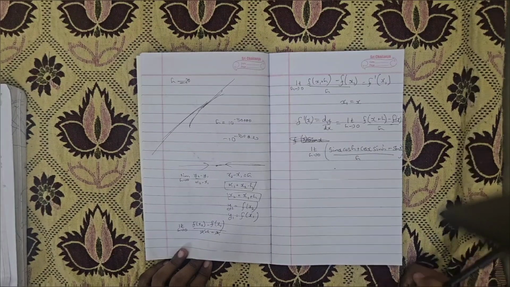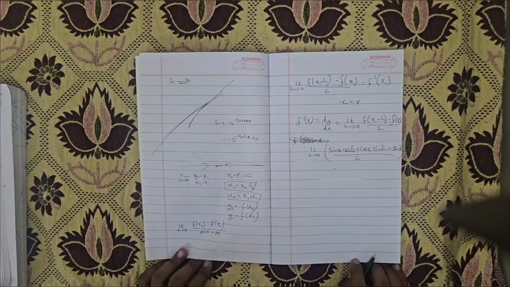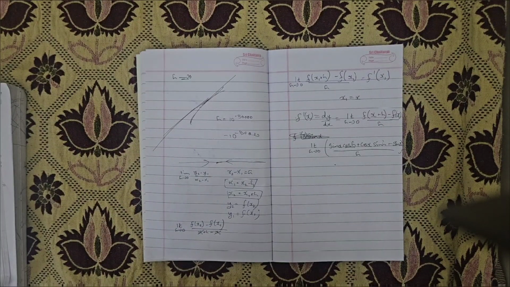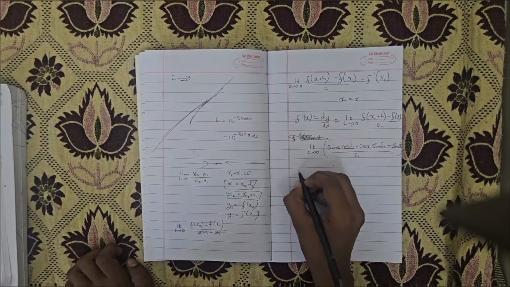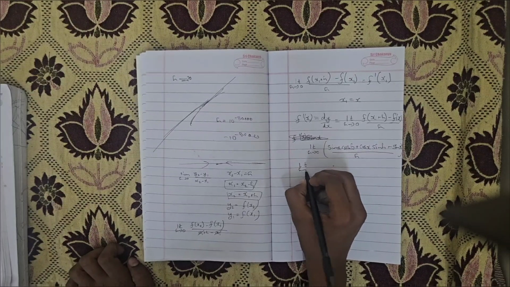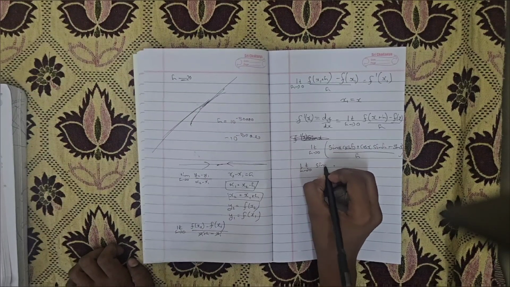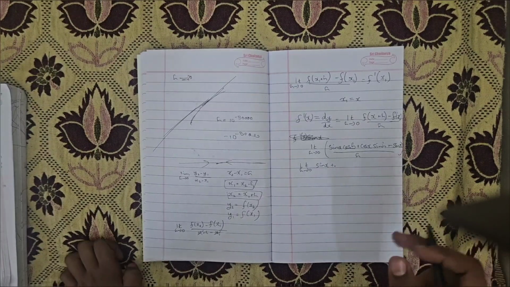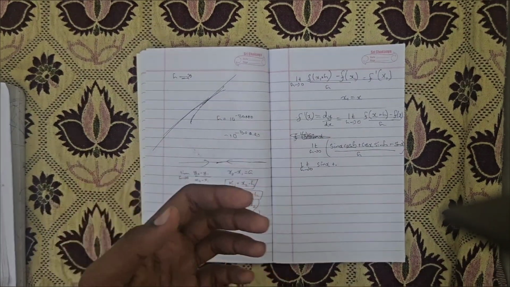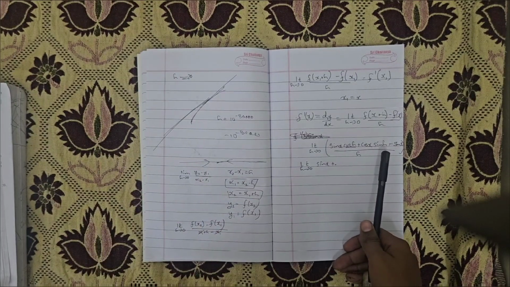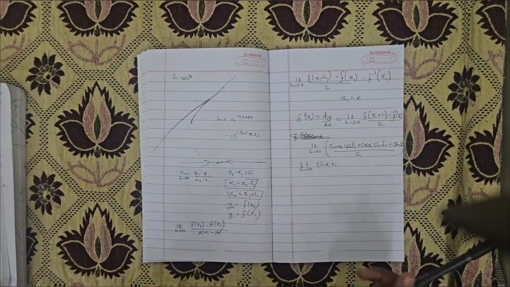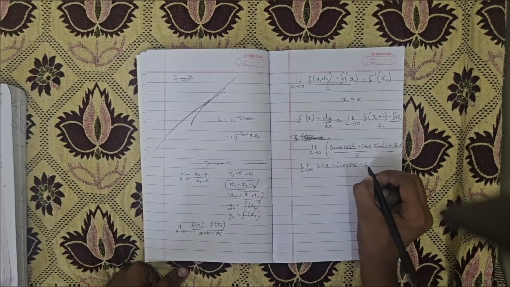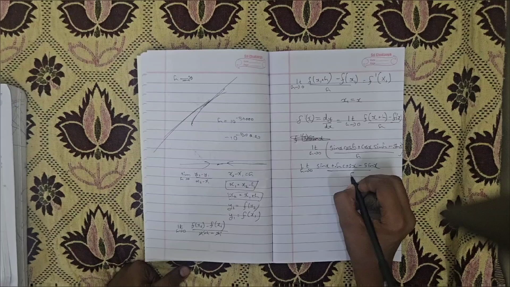Since h approaches 0, cos 0 is 1, so we take limit h approaches 0 of sine x plus cos x, and for small angles, h is very small, so we can take sine of h equal to h, so h cos x minus sine of x divided by h.